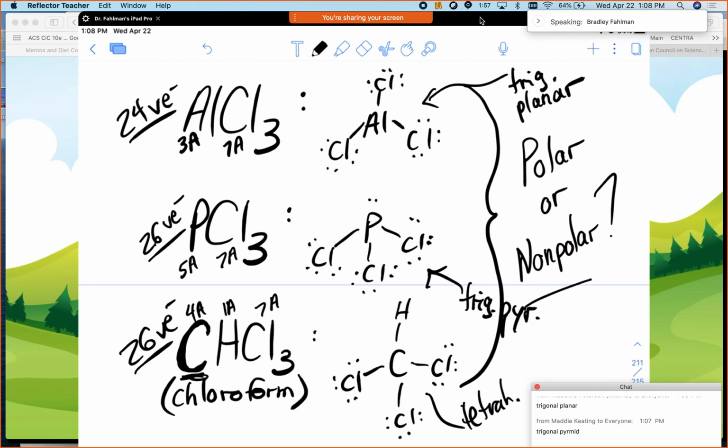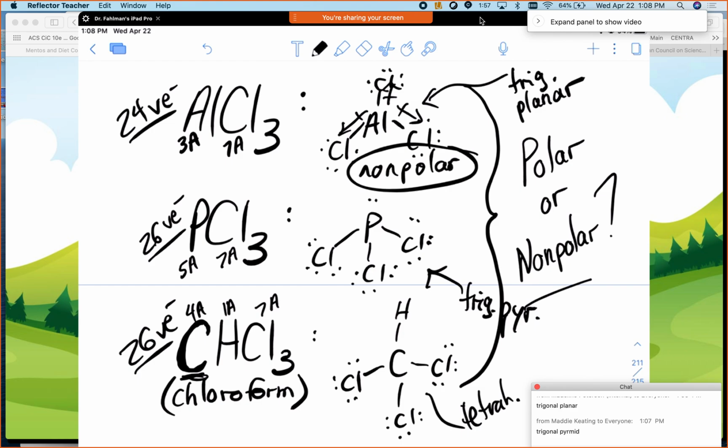Yeah, correct. The reason for that is because all of these dipoles cancel. In that tug of war in three different directions, you're not pulling that aluminum in any one direction. It's staying the same. So that is nonpolar.